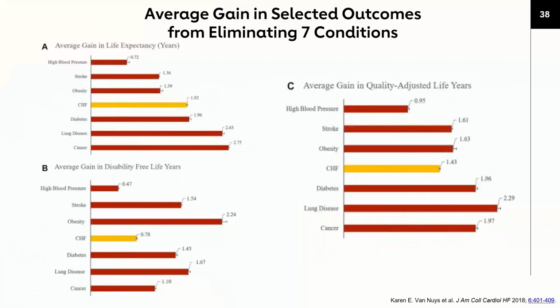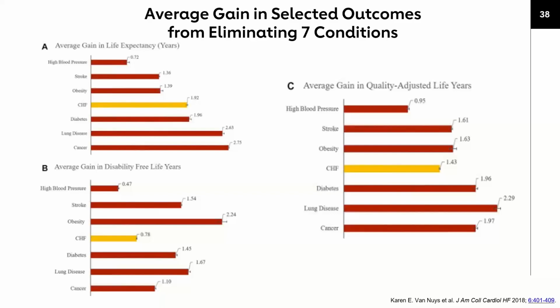And if we look at seven conditions, and you ask yourself, if we were to do away with or improve outcomes for high blood pressure, stroke, obesity, heart failure, diabetes, lung disease, and cancer, we would enjoy an average gain in life expectancy. And heart failure, I highlight here.